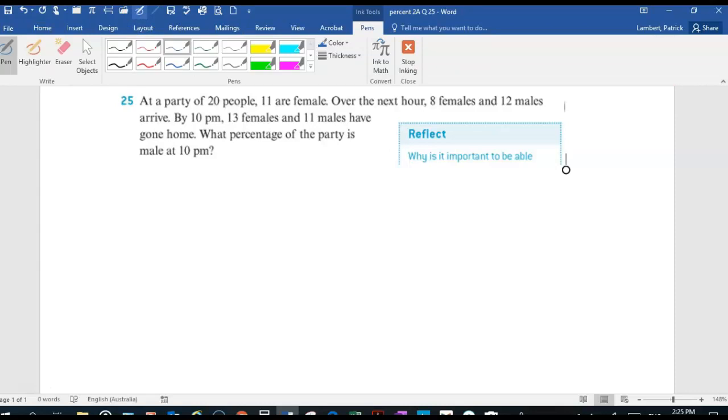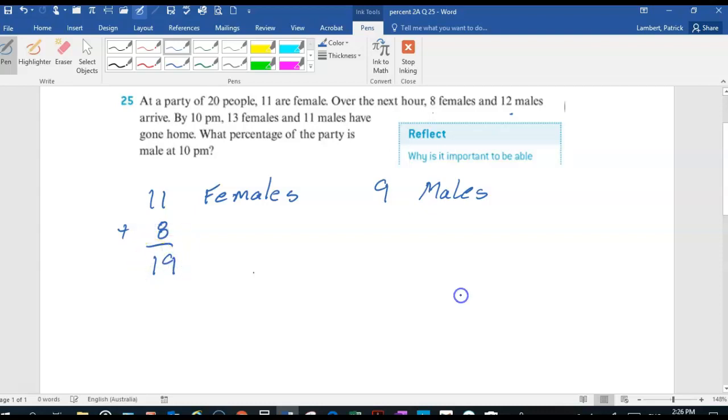Okay, party of 20 people, 11 are females. So there's 11 females, that's what we start with, and 9 males. Okay, over the next hour, 8 females and 12 males arrive. So that's plus 8, that would be 19, and 12 males, that would be 21.